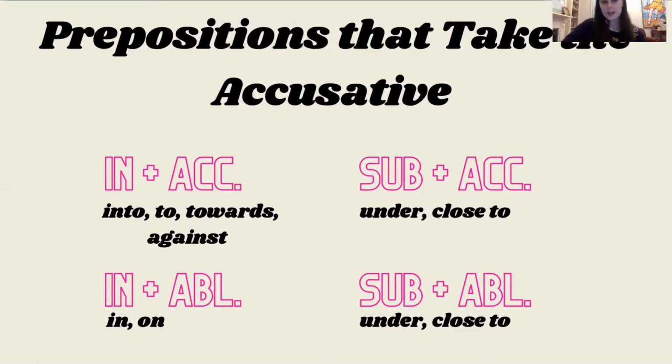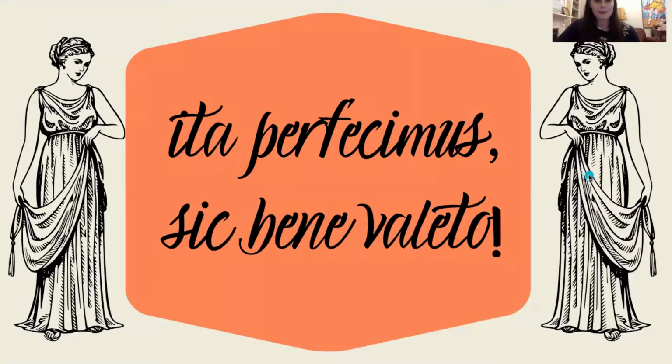Whereas in plus the accusative means that you're going into. You're going into the house, into the room, etc., or you're going towards a city, etc. So the meaning can actually change depending on what case follows the preposition, which is a good thing to keep in mind because that's when they like to trick you.